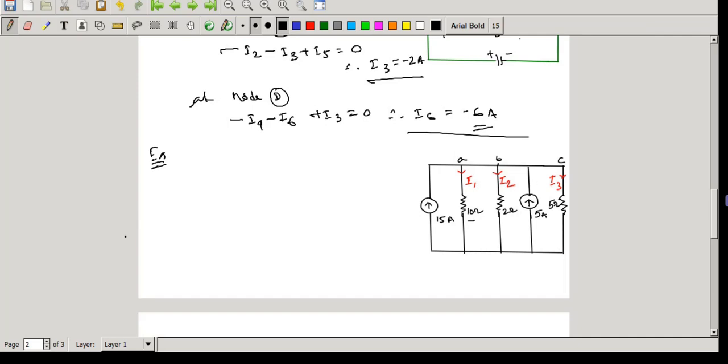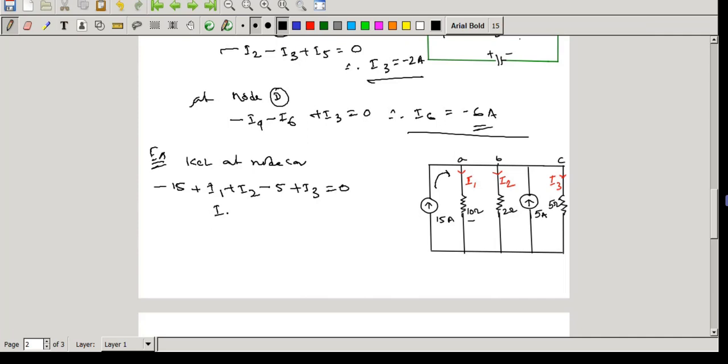Now what is I1? If we apply KCL at node A, then we can write minus 15 because it is an inward current, plus I1 plus I2 plus I3 minus 5 equals 0.